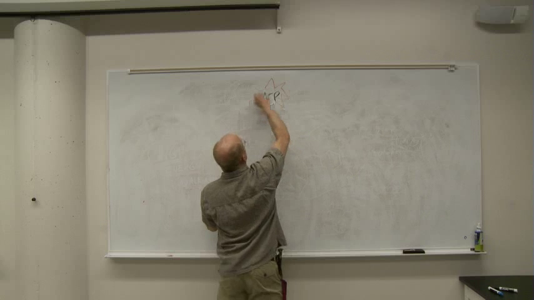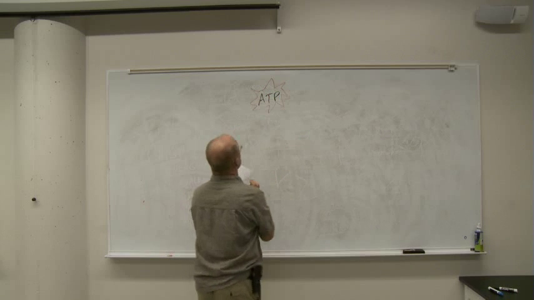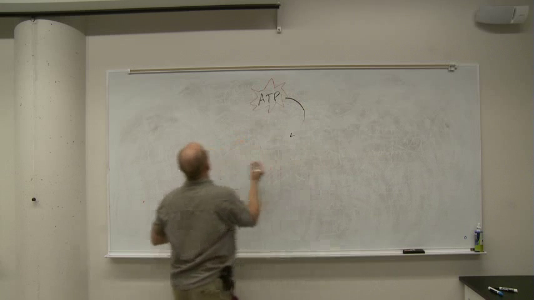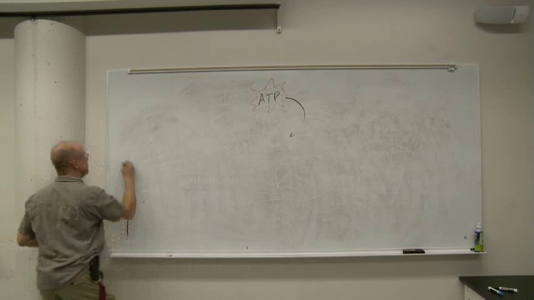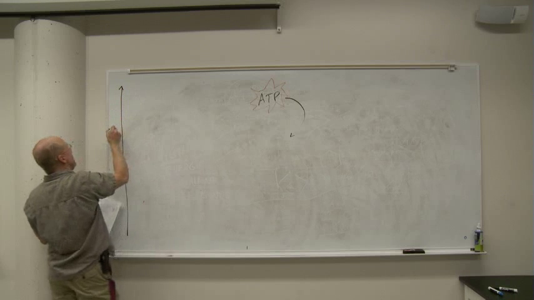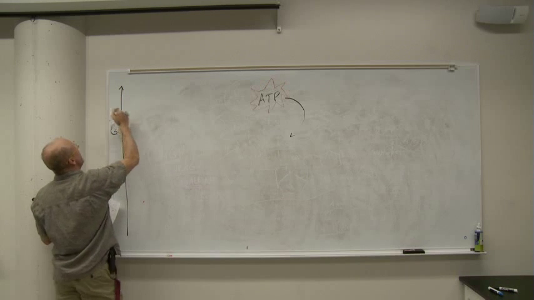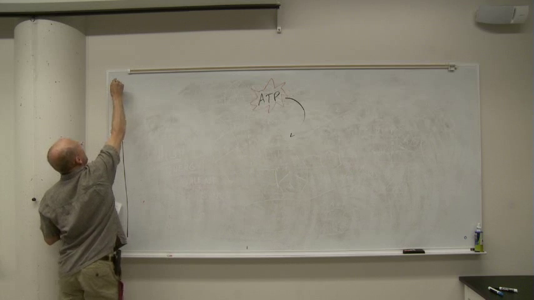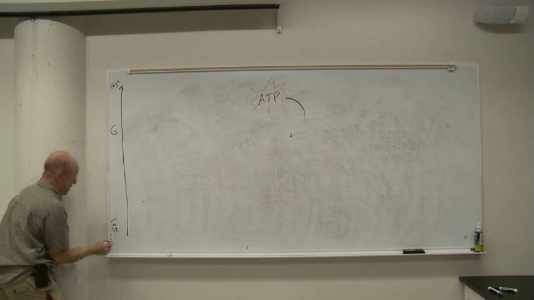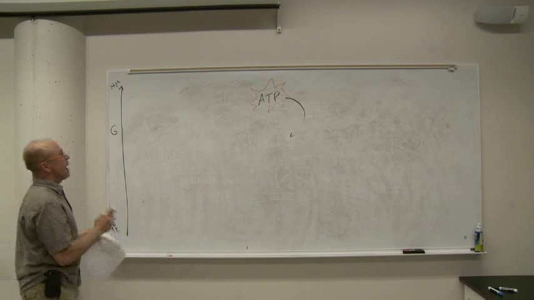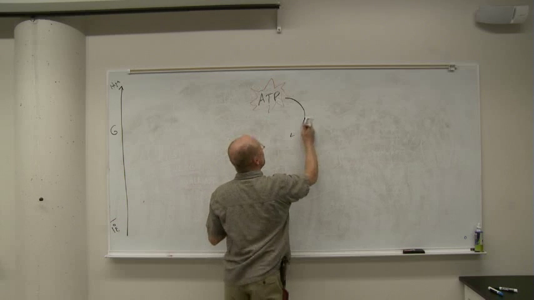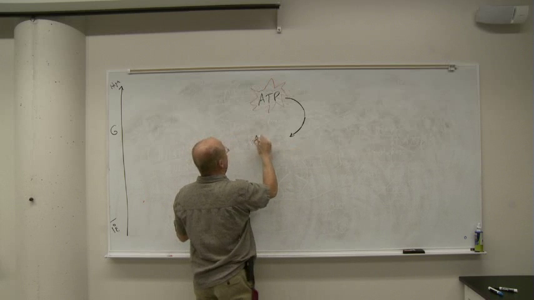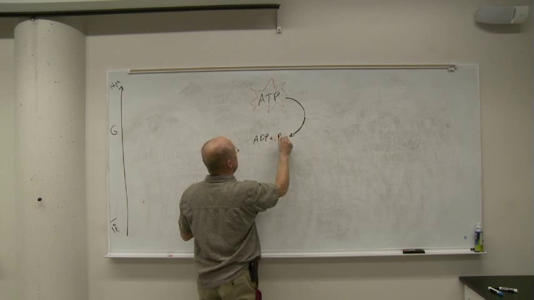I'm going to give it the POW symbol now. This whole board I want to set up on the energy scale. So this is basically the big picture of G, of energy. We're going to describe it as high here and low here. So this is our spectrum. ATP is the highest energy in this particular family, and it's going to break down to ADP plus Pi.